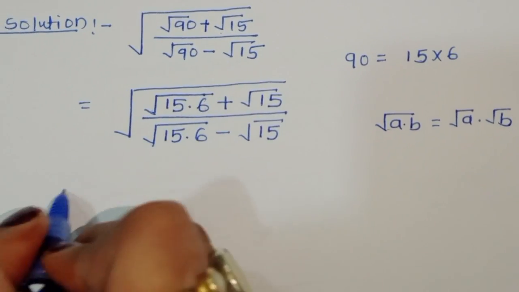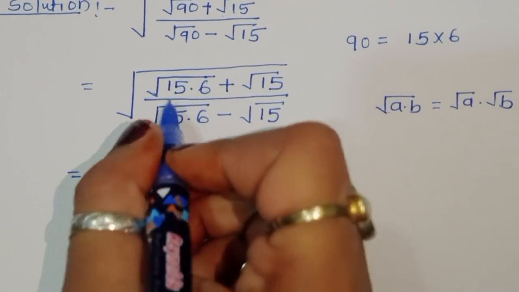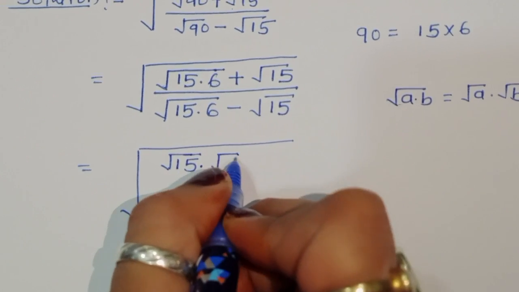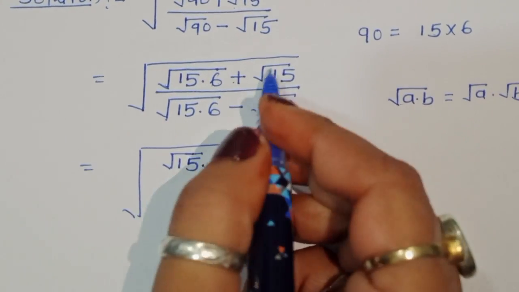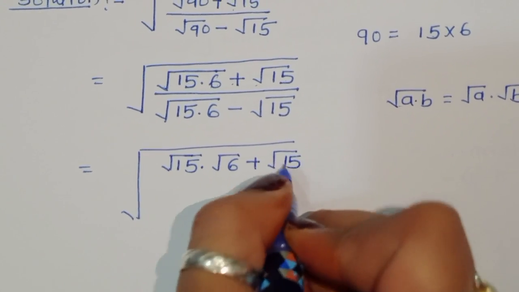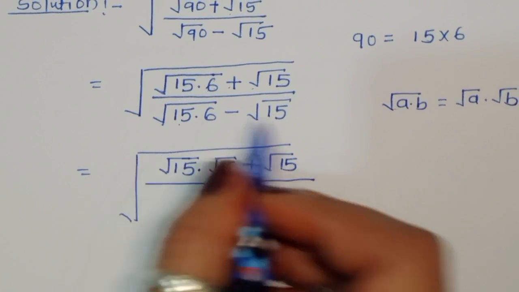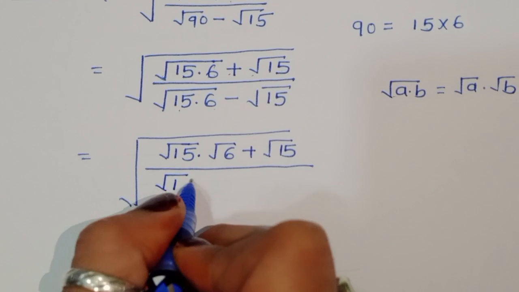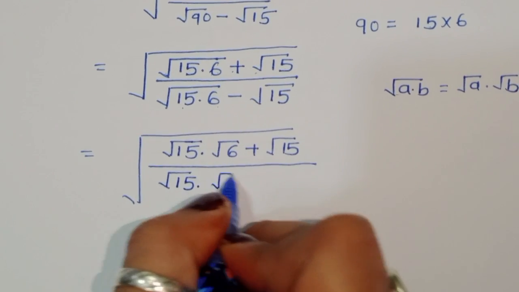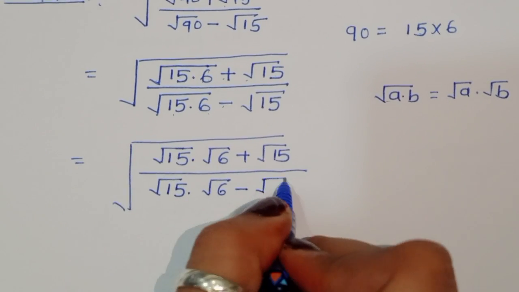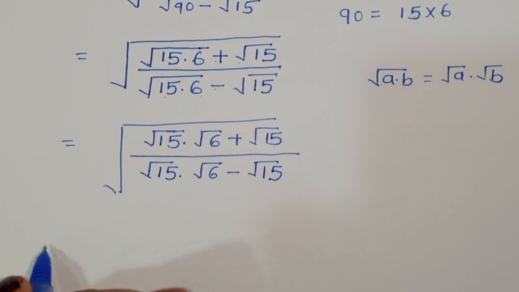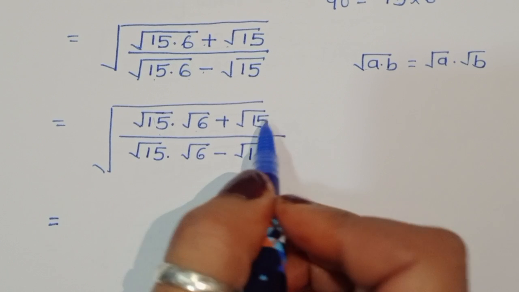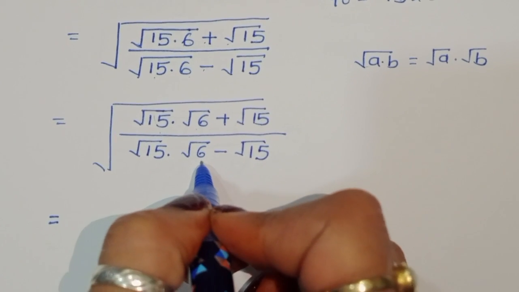So the numerator is square root of 15 times square root of 6 plus square root of 15, and in the denominator, the same way, square root of 15 times square root of 6 minus square root of 15.